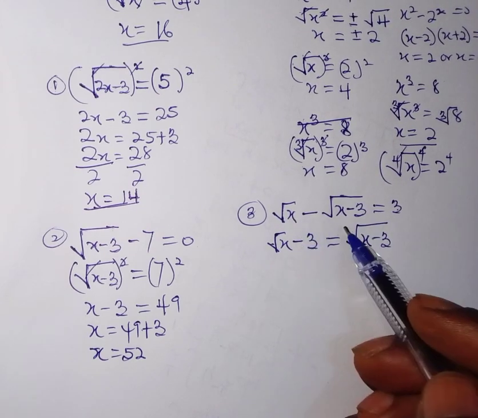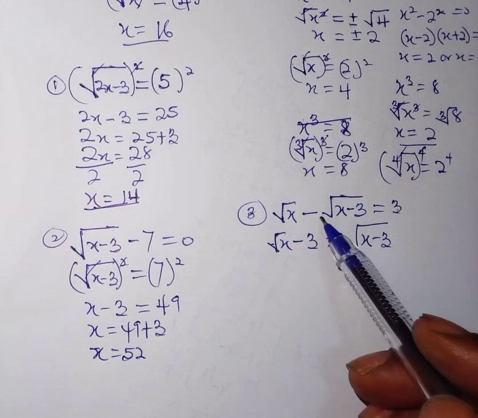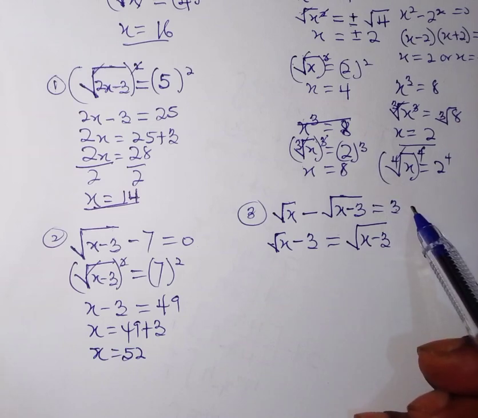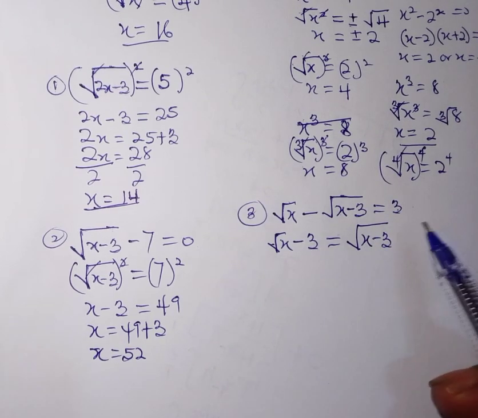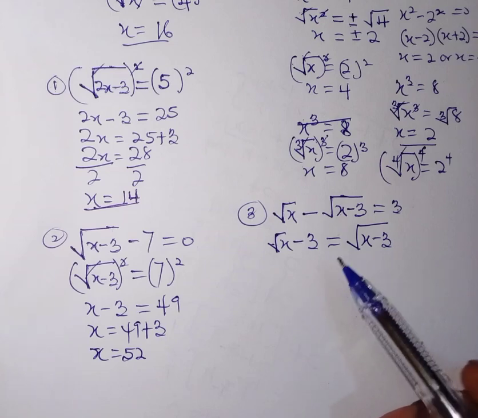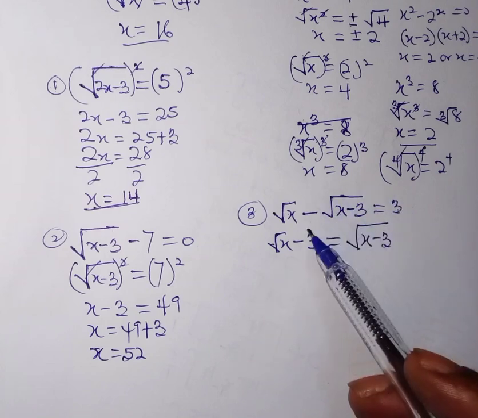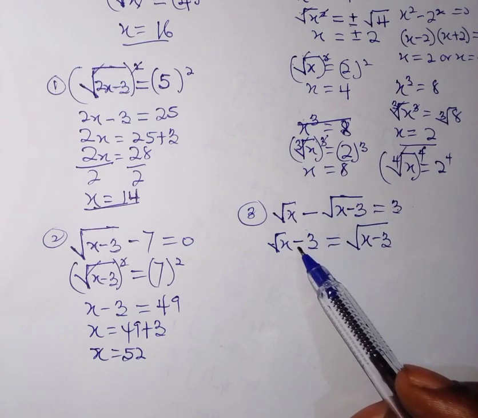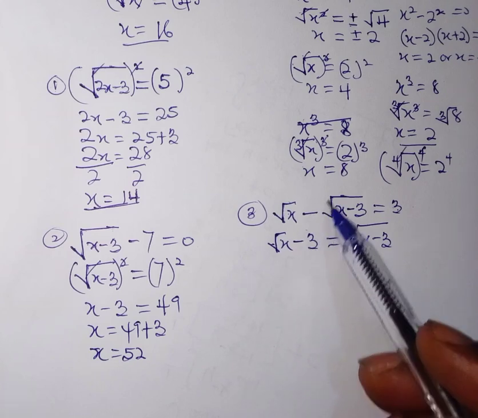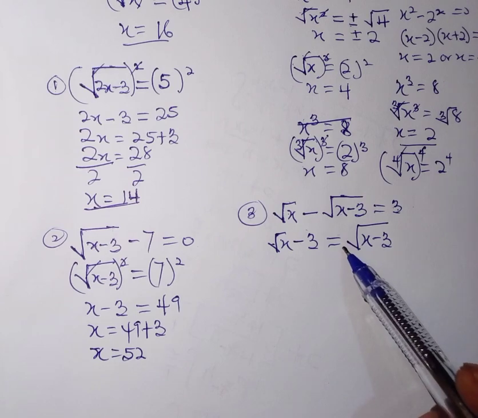Someone can also decide to keep this here and send this one there. How you group the like terms, at the end of the day, you are going to get the same solution. Okay, so I have decided to maintain this root x, and then I have brought the x here. Because it is positive, it gets here, it's negative, and when it gets there, it becomes positive. That's why you don't see the negative here again.